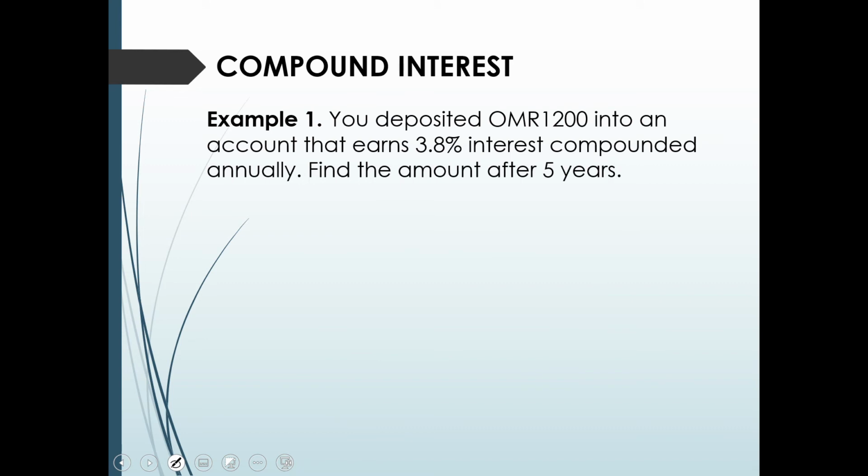Okay, let's apply. You deposited 1,200 into an account that earns 3.8% interest compounded annually. Find the amount after 5 years. So we need to look for the value of your A. Let's identify the given first. This is your principal. This is the rate, compounded annually. What is it annually? So that means N is 1.